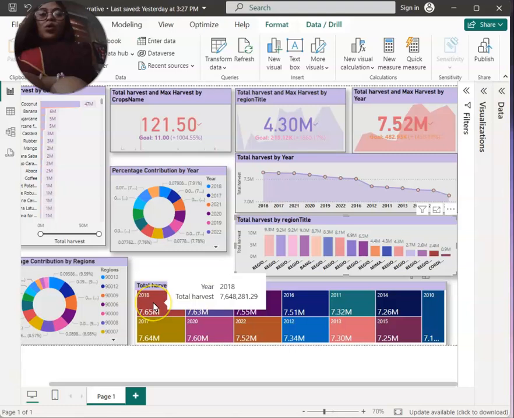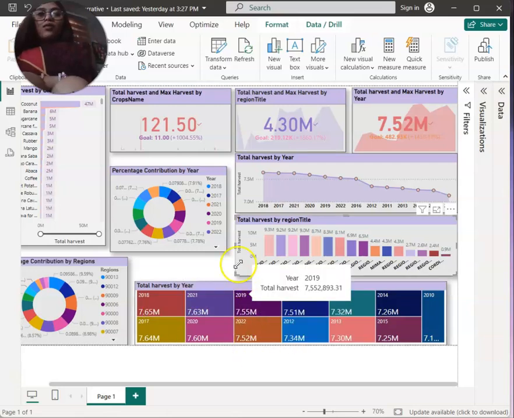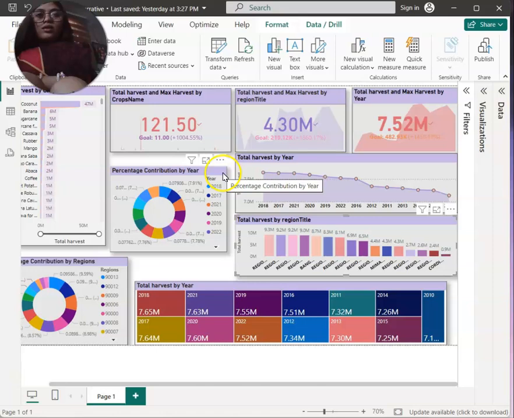We have 2018, which is the number one average in all, with 7.65 million, followed by 2017, followed by 2021, 2020, 2019.